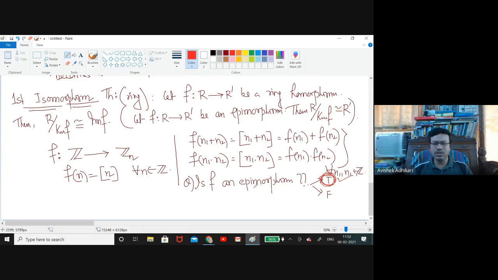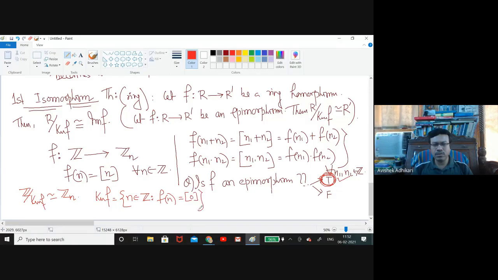So according to this result, by the first isomorphism theorem, we have Z quotient kernel of f must be isomorphic to Zn. Now the question is, what is the kernel of f? It consists of all such n belonging to Z whose image, that means f of n, is the zero element of Zn. What is the zero element?